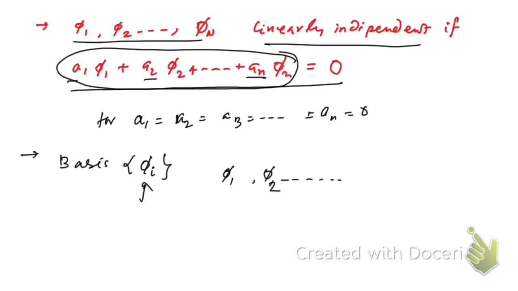These are base vectors in the vector space. If they are orthonormal, that means the magnitude is 1 and they are orthogonal, that means they are mutually perpendicular. So you can compare them with the unit vectors. Now let's go to Hilbert vector space.